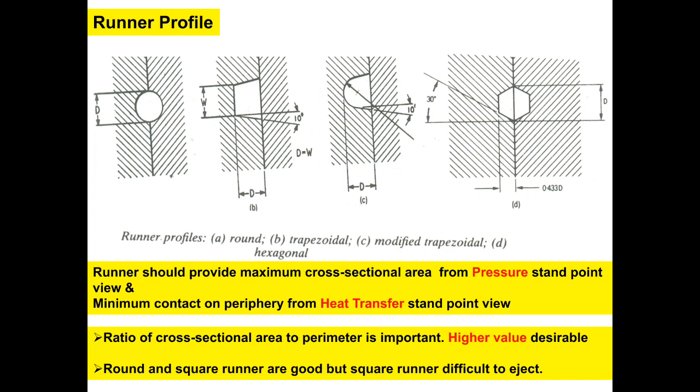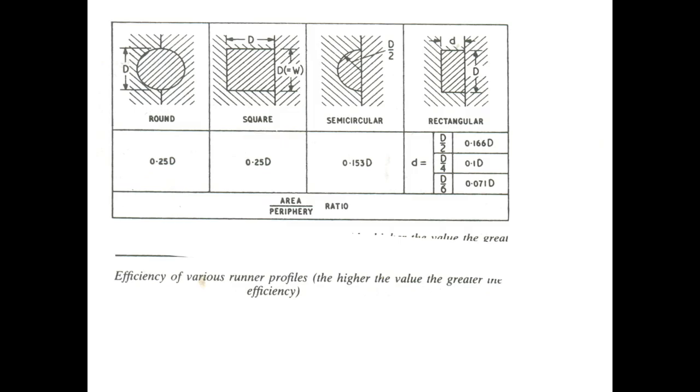For round and square runners, from the figure you can observe the ratio is 0.25D for the round runner and 0.25D for the square runner. These two ratios are equal, but the round runner is preferred because the square runner is difficult to eject from the mold cavity.